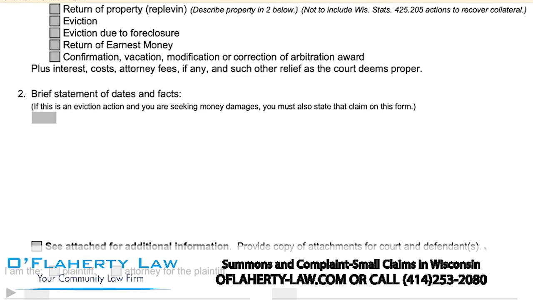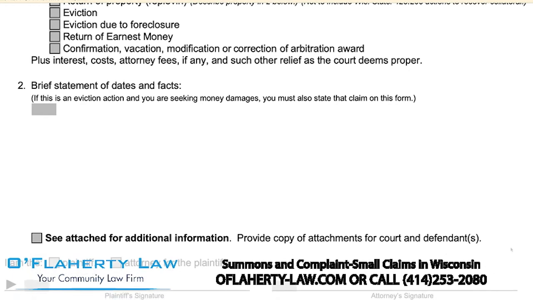You're going to need to have a copy for the court of all your attachments and a copy for the defendants. So consider at least 3 copies of your complaint, your statement of facts, and your evidence. 1 for the court, 1 for the defendant, and 1 for you to hold on and talk about when you're in court.